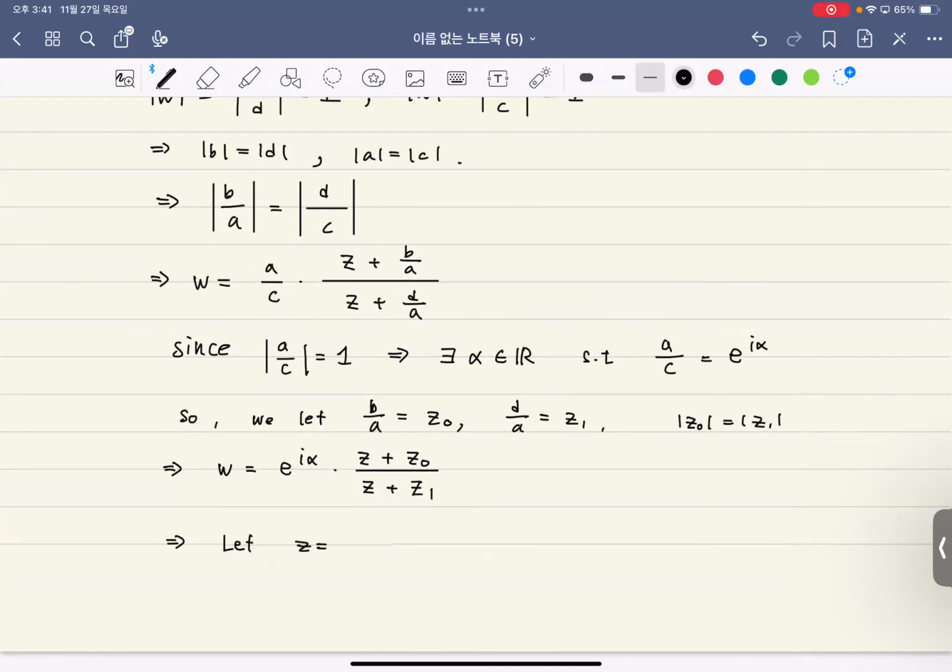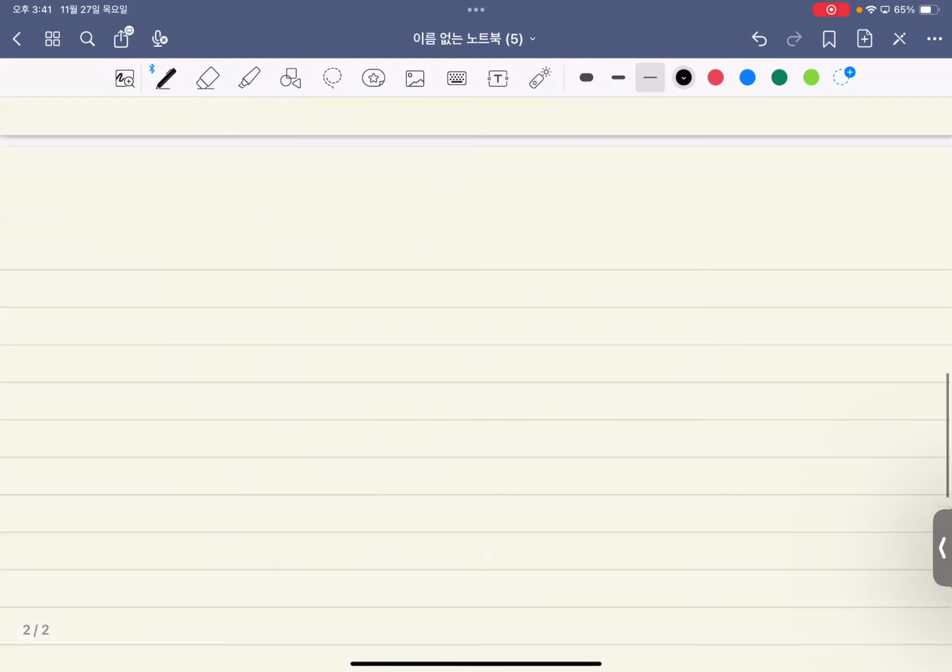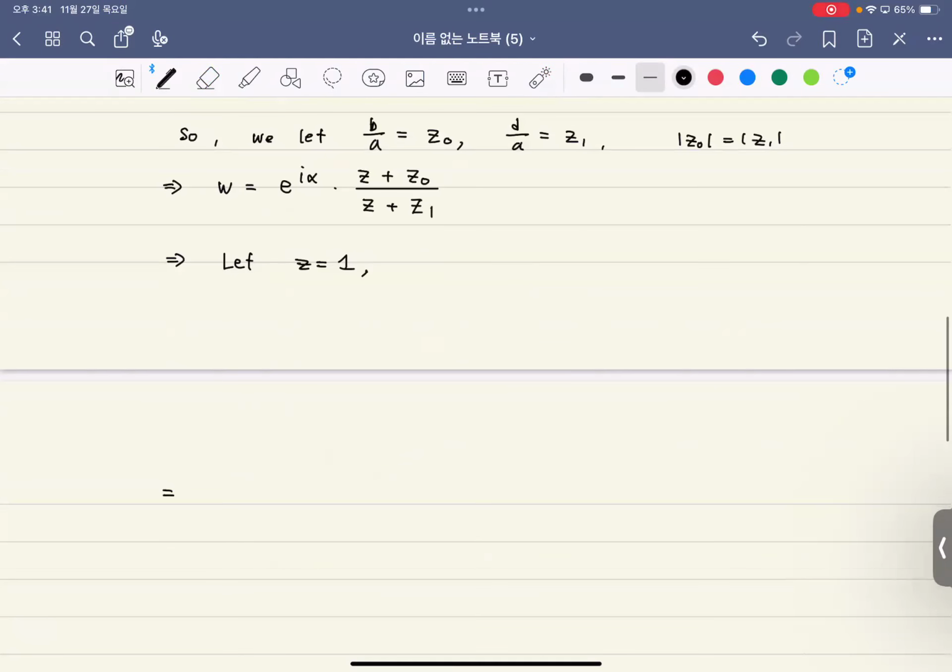So we're going to let z equal 1. Then this is going to be e to the i alpha times 1 plus z0 over 1 plus z1, and take a modulus. This guy has no effect on the modulus, so this is just the modulus of 1 plus z0 over 1 plus z1, and this equals 1.